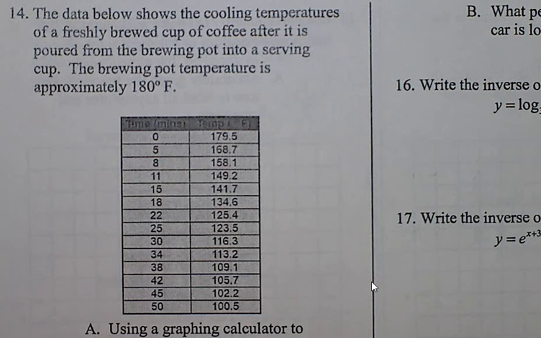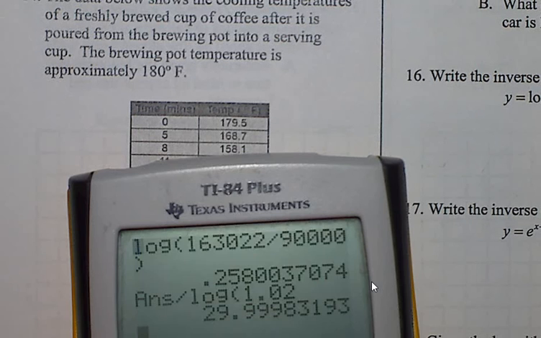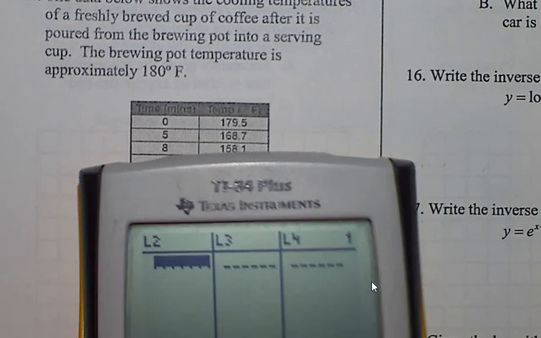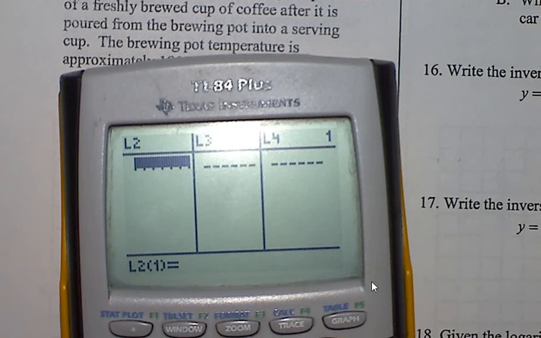Ready, go. Okay, 5. Here we go. 4, 3, 2, and 1.